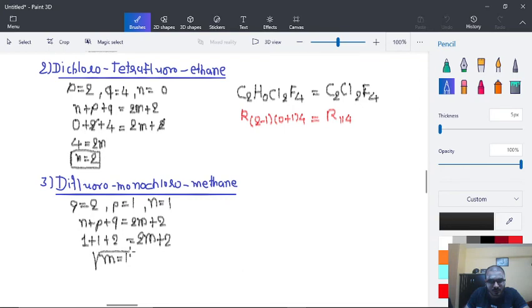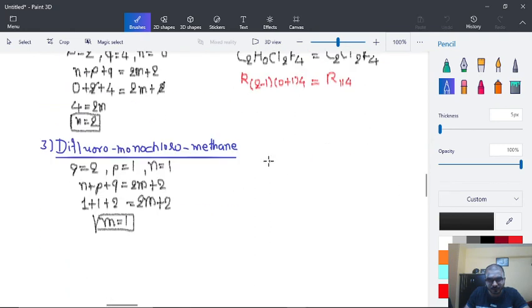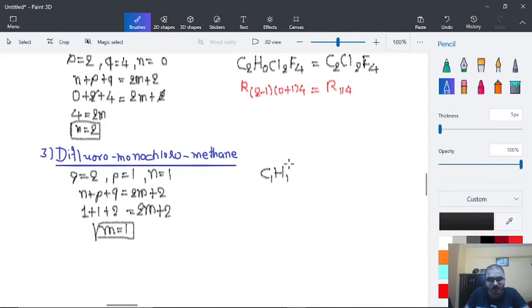So finally what we are getting here is C1 H1 Cl1 F2. So we can write down this as CHClF2.